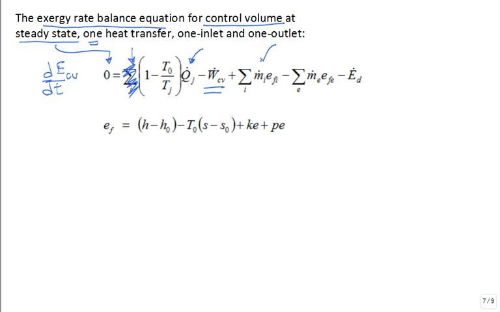What about these terms? I know they have one inlet, one outlet. Get rid of the summation. So you have an inlet mass flow rate times a property known as the flow exergy. It's a lot like enthalpy. But it's the flow exergy. Here's the equation for the flow exergy: h minus h naught minus T naught times (s minus s naught) plus KE and PE.